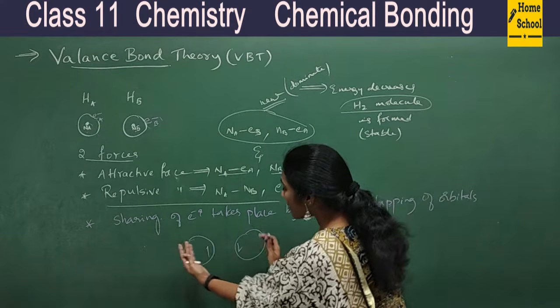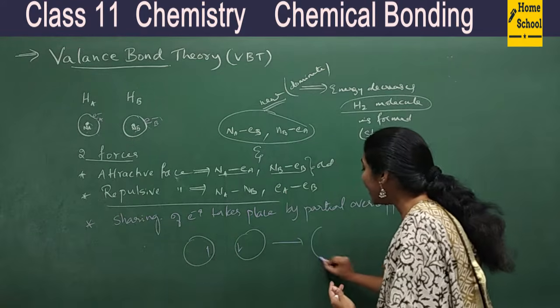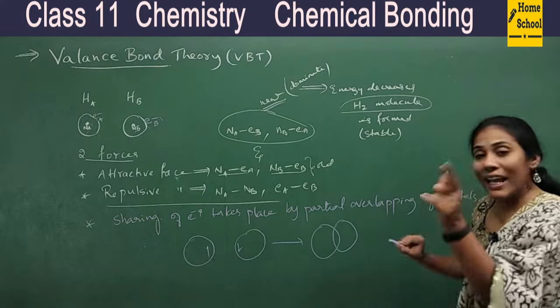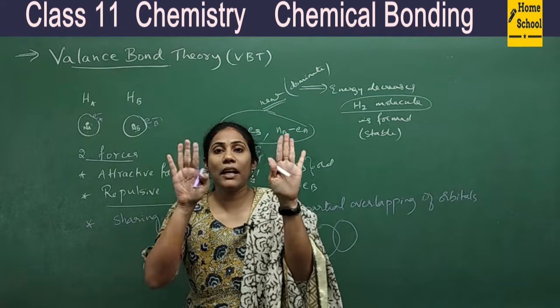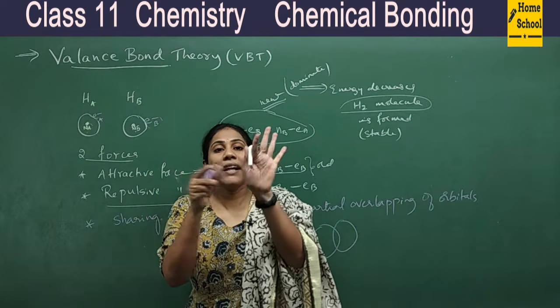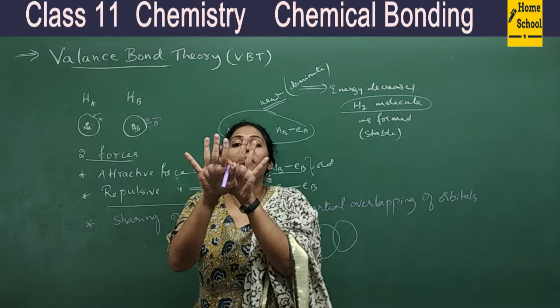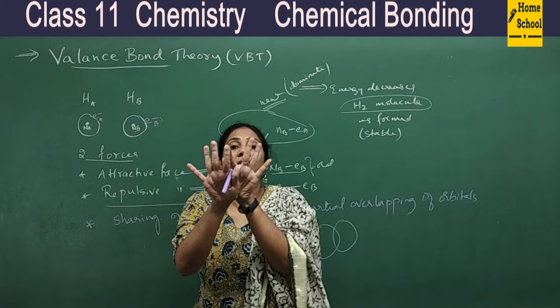So when atoms come closer to each other, these orbitals also come close and they overlap partially. If this is one orbital, this is another orbital, each holding one electron. So when they partially overlap with each other, sharing of these two electrons takes place between them.